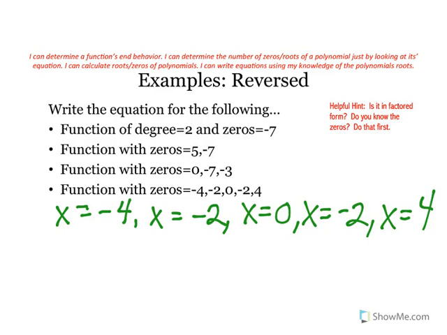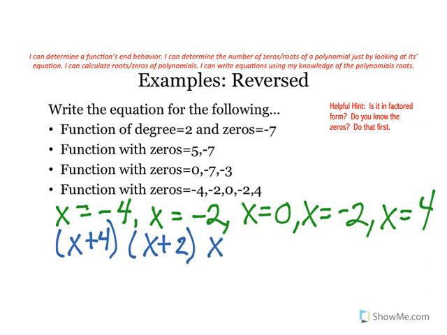So instead of having x equals -4, rewrite it by adding 4 to both sides. Rewrite it as x plus 4. And instead of x equals -2, rewrite it as x plus 2.